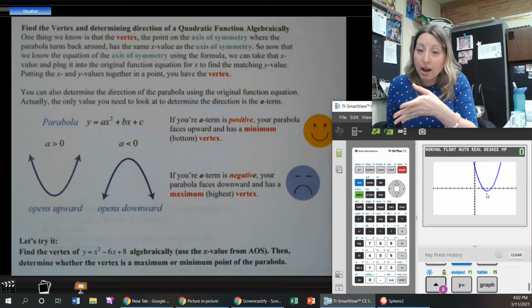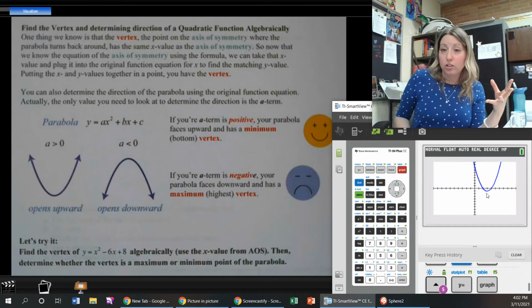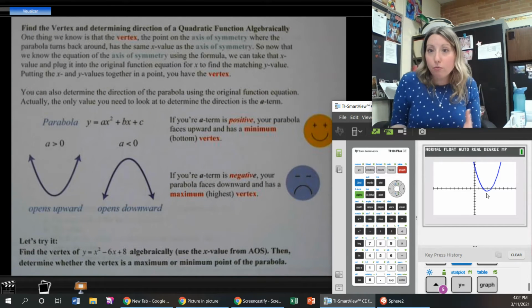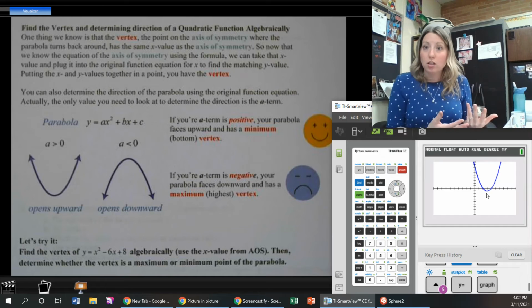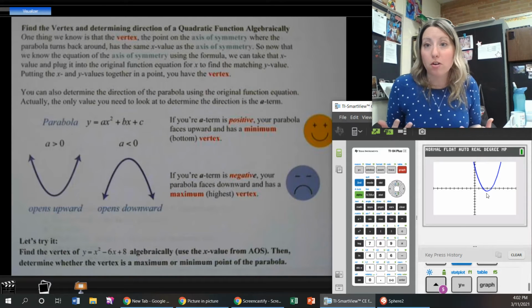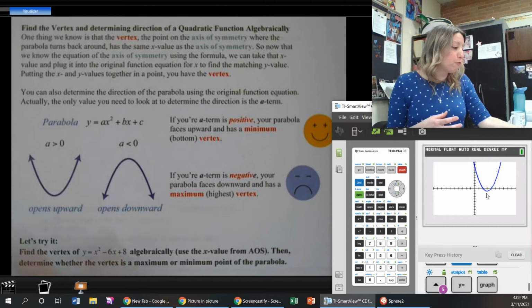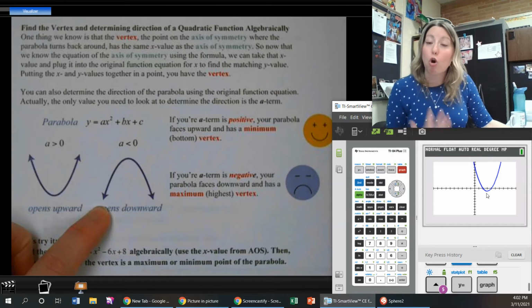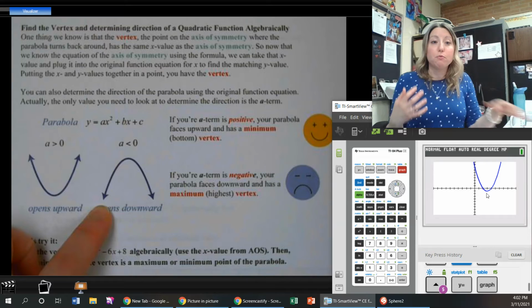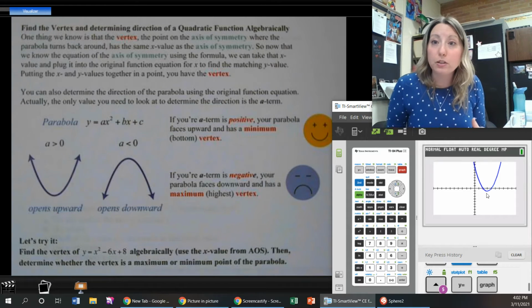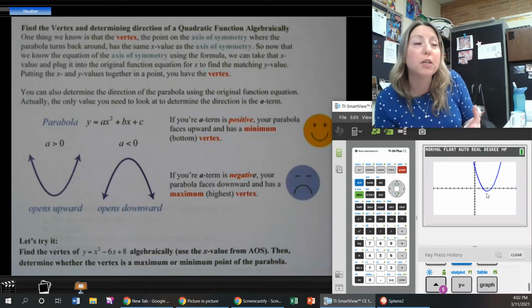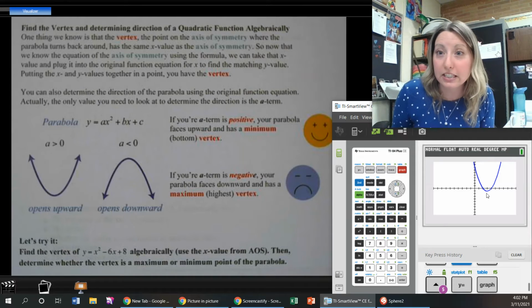On the other side of that, if your a value is negative 1 or lower, so a negative number in front of your x squared, you're going to get a frowny face parabola. It opens downward. I refer to this as frowny face because we think of negative people having frowny faces.